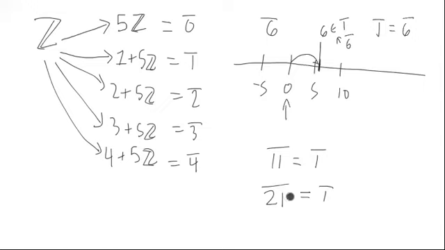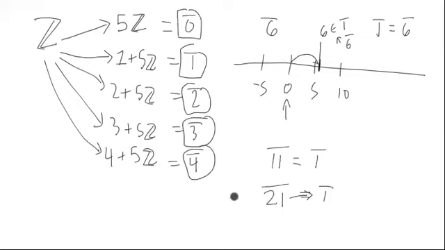So this actually allows us to find out in which of these categories an integer lands. Does it land in this one, this one, this one, or this one? And we can do that simply by dividing the number by 5 and looking at the remainder.